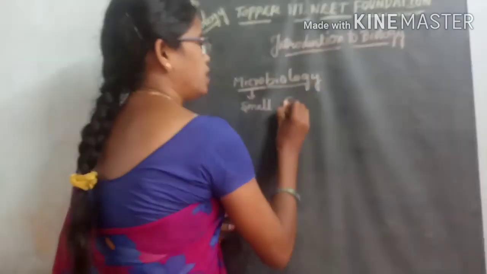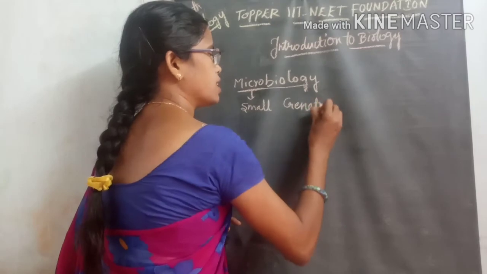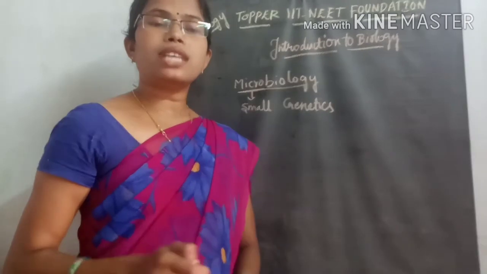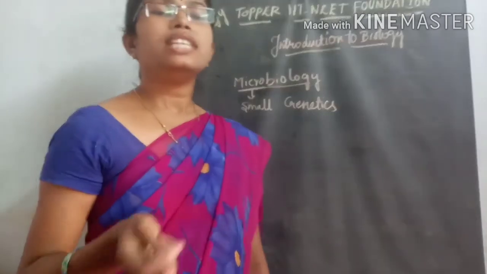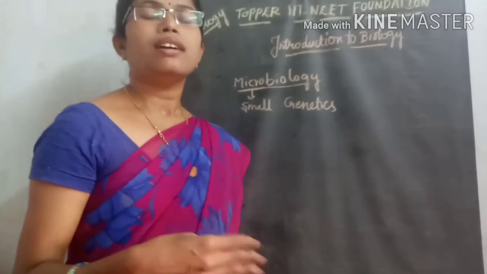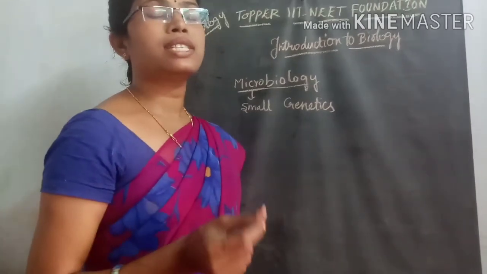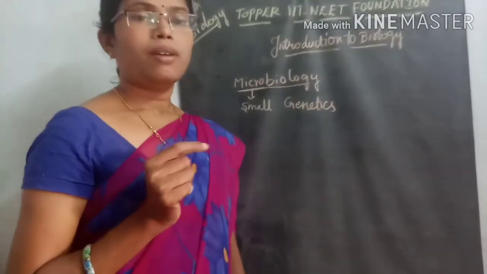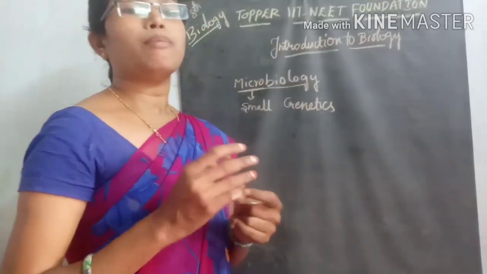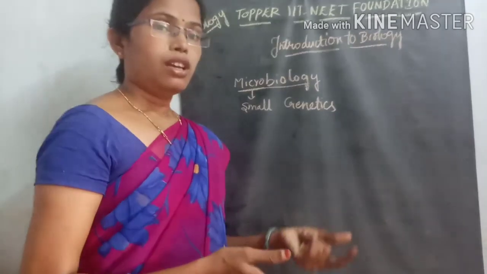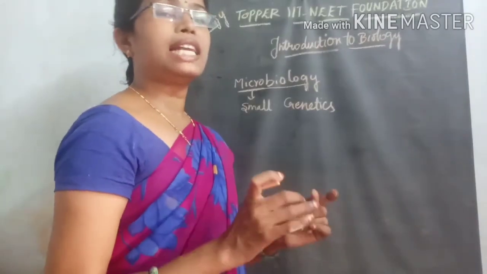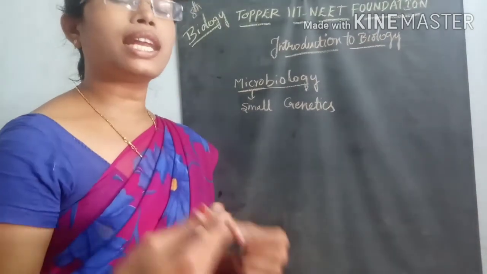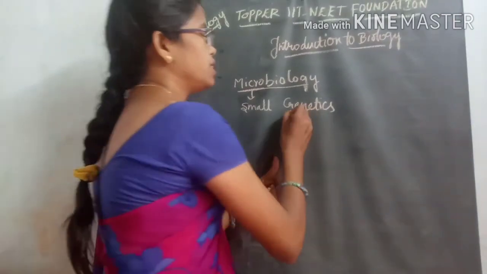Another important branch of science related to biology is genetics. The science which mainly deals with inheritance or heredity, meaning the characteristics transferred from one generation to another, from parents to offspring, comes under genetics.